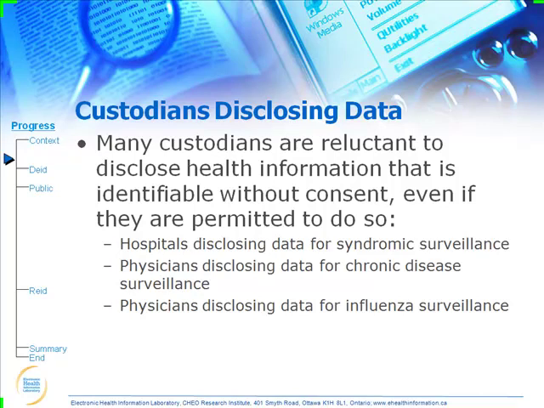So OPH has been able to get real-time information about patients coming into emergency departments across the city with influenza-like illness, for example, or GI syndromes. Has been very effective.